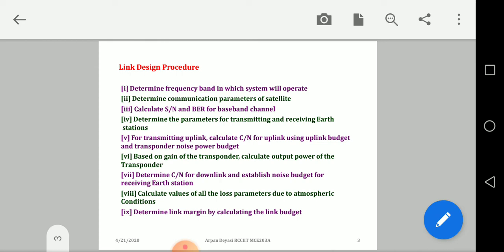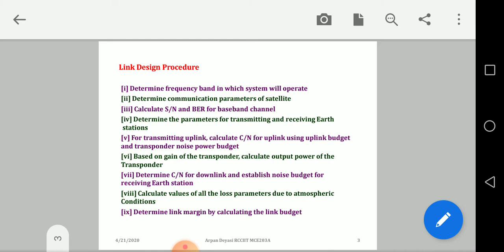Next, we have to determine the communication parameters. Then we will calculate the bit error rate and signal to noise ratio for baseband. That means the original signal. Then we will determine the parameters for both the earth station at the transmitting end as well as the receiving end.